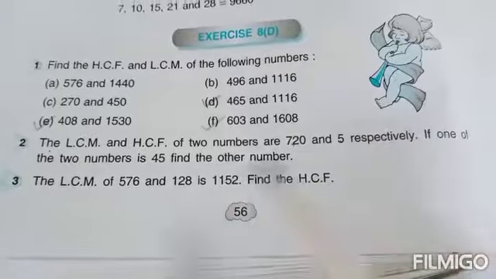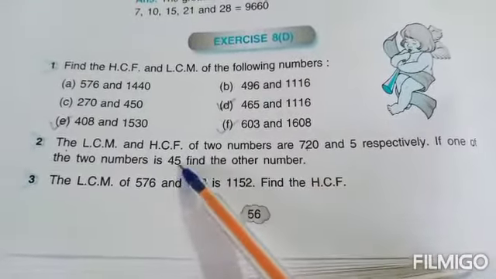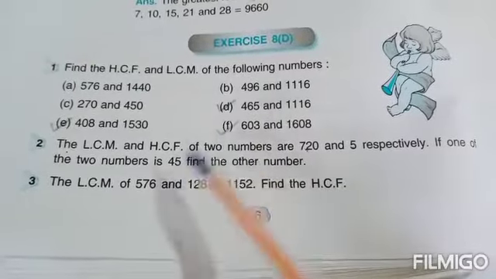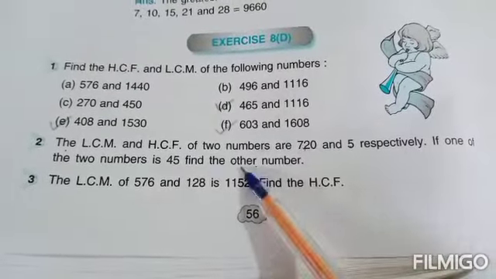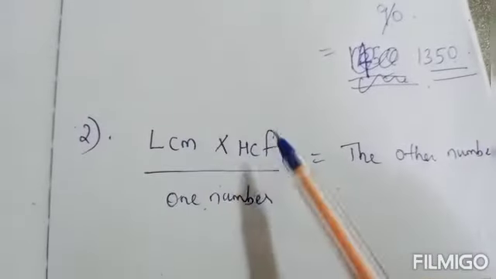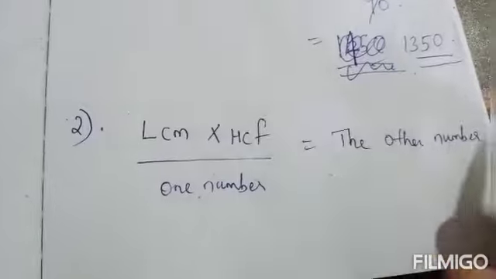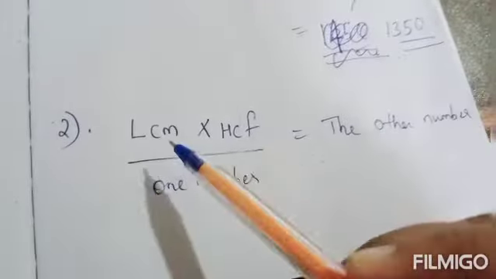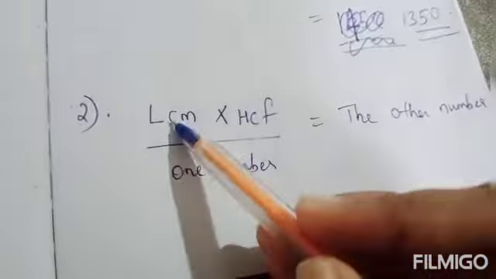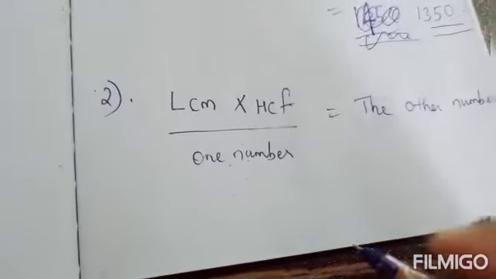And one of the two numbers is 45. You need to find the other number. What is the second number? We have one formula: LCM into HCF by one number equals the other number. So we can substitute the LCM, HCF and one number, which are given in the question.